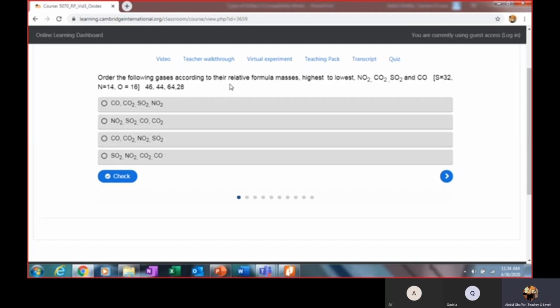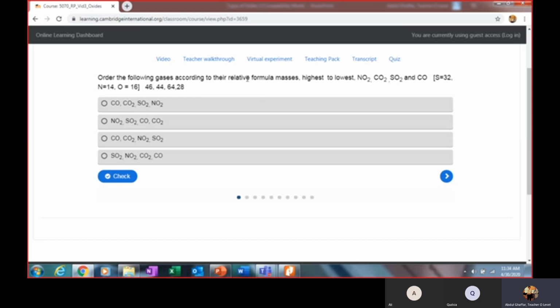Yes, highest to lowest. CO2, look at this one, 46, then 44, then 64, then 28. These are the molecular masses of the gases, right?